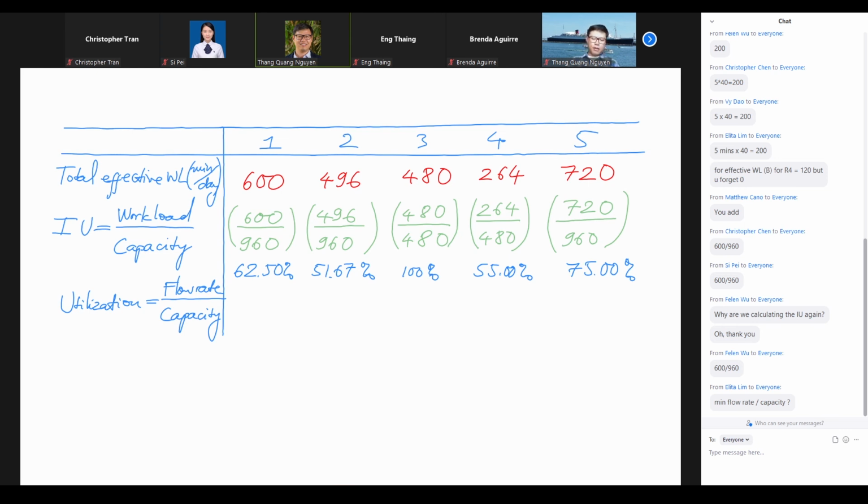Let me confirm that the capacity here is 960 minutes, right? If I write out the equation, then this 960 minutes of work per day is the capacity of resource number 1. So now you need to think about what would be the flow rate.